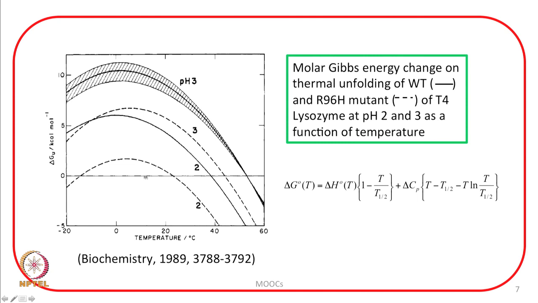At pH 2, sometimes one may see two transition temperatures, and these two transition temperatures respectively correspond to thermal unfolding and to cold denaturation, because denaturation can be brought about by heat as well as by reducing the temperature.